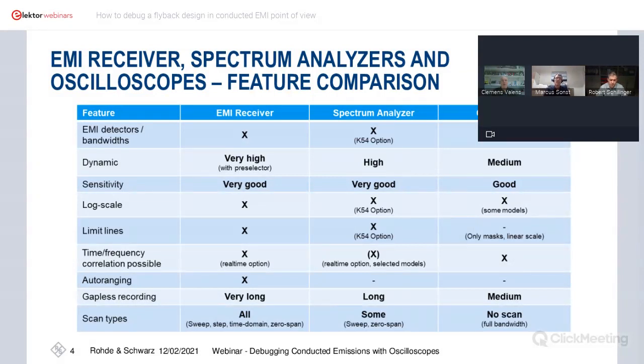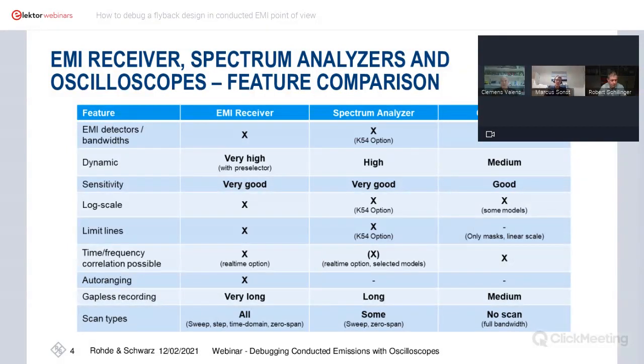The instrument classes, so the EMI receiver, spectrum analyzer and the oscilloscope, differ in terms of how they measure. The oscilloscope is a device where we measure at full bandwidth, so it's a wideband measurement device. Compared to that, the EMI test receiver or spectrum analyzer measure with a smaller bandwidth, sweeping through the whole spectrum.